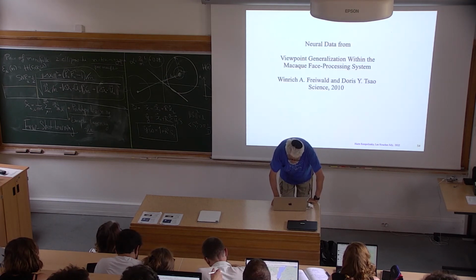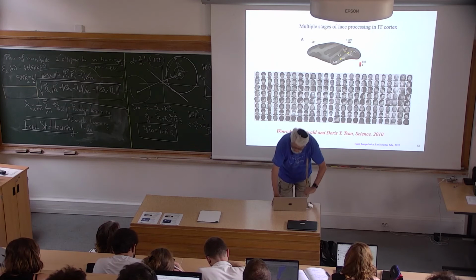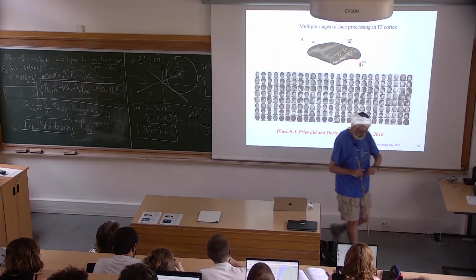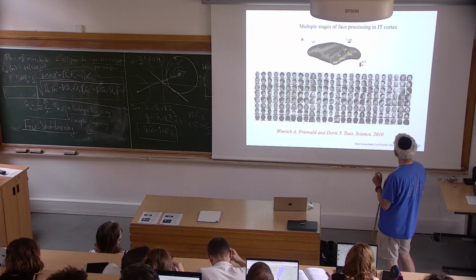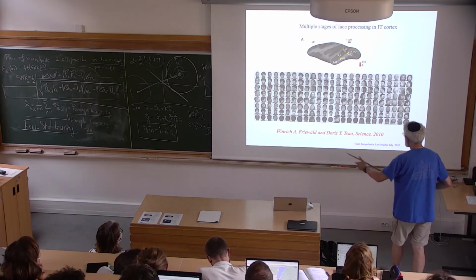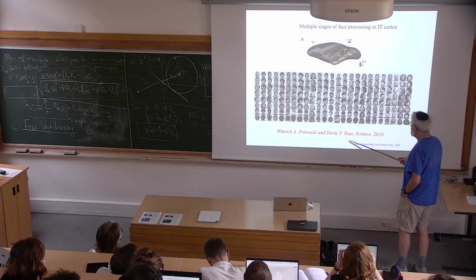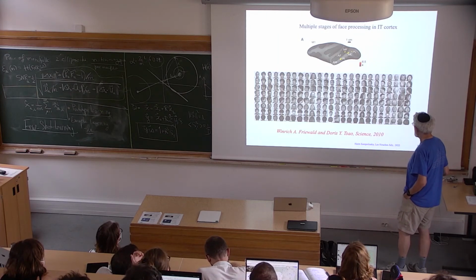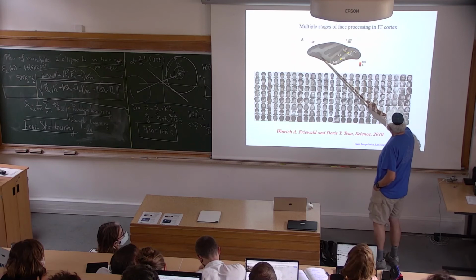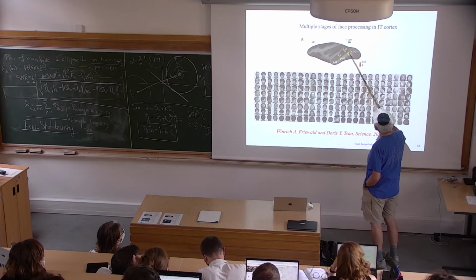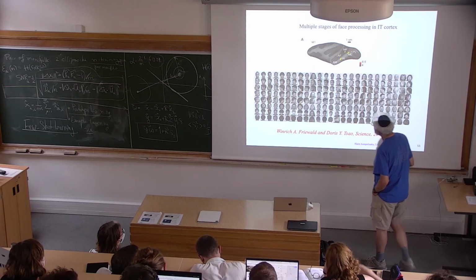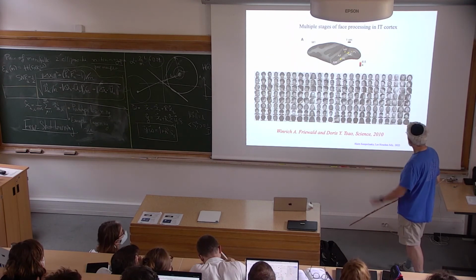Now, what about neural data? There is a lot of neural data, but I want to show an example which I like, unpublished yet. It's maybe anecdotal. We have to have more data and more statistics, but anyway, I'll show it. These are the results from Freiwald and Tsao, an old paper in Science, where they looked at the monkey IT cortex and identified patches which are selective for faces, not objects, but faces.